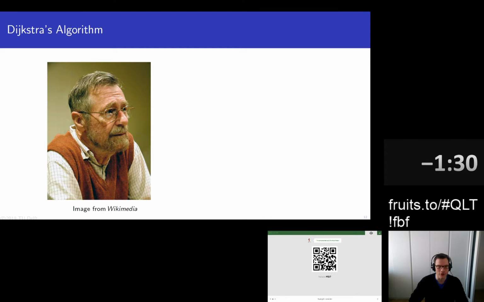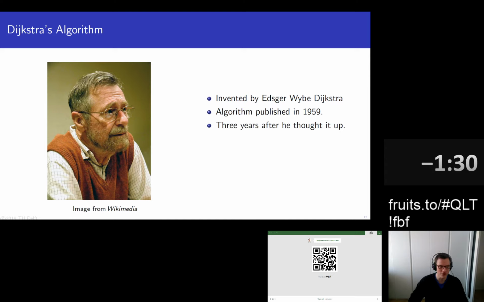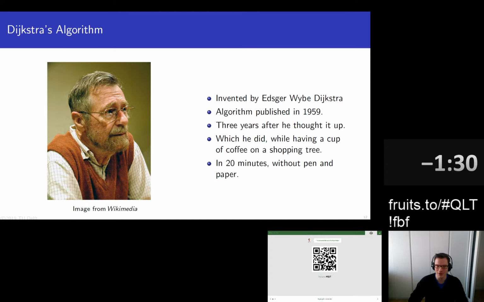And let's talk about Dijkstra's algorithm, something many of you will probably have heard of before. So Dijkstra, Edsger Wybe Dijkstra, is the inventor of this, a Dutchman, which makes us all very proud, of course. He published this algorithm many, many years ago now, in 1959, and he claims to have invented it 3 years before that time, when he was having a cup of coffee on a shopping spree together with his then fiancée.